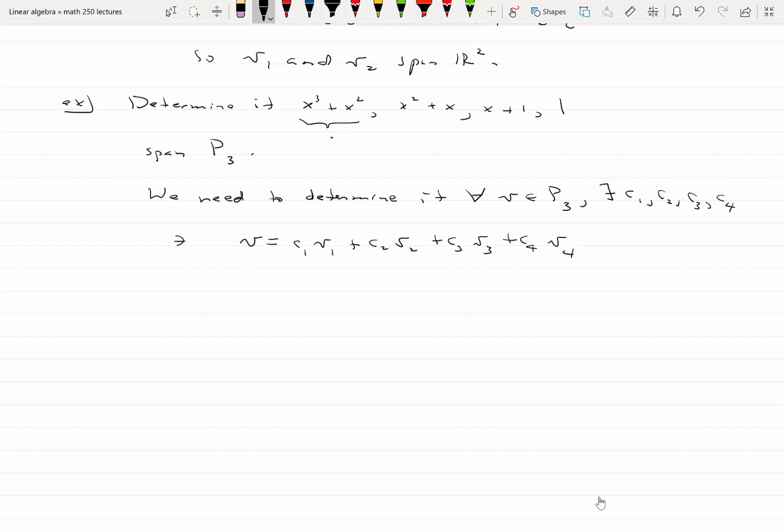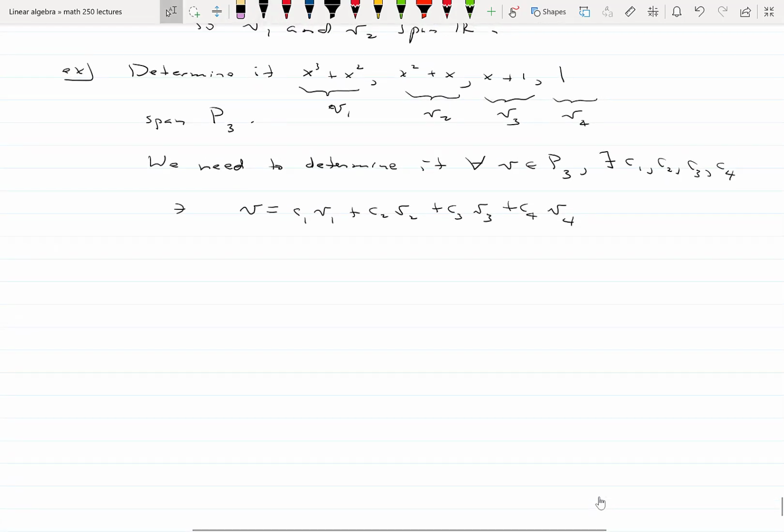So x cubed plus x squared is V1, x squared plus x is V2, V3 is x plus 1, and V4 is a constant polynomial 1. Oops, 4. Okay, so let's see if we can do this.